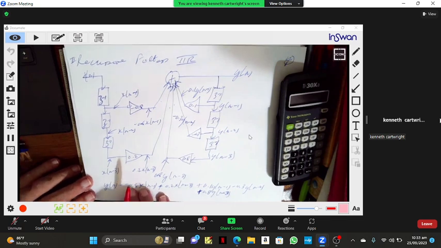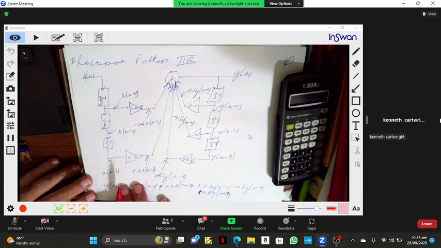Write the A vector. We need all the Y's on the left-hand side.